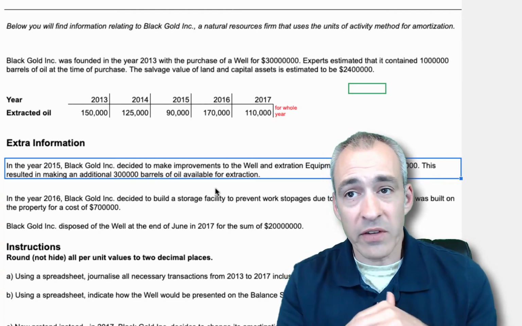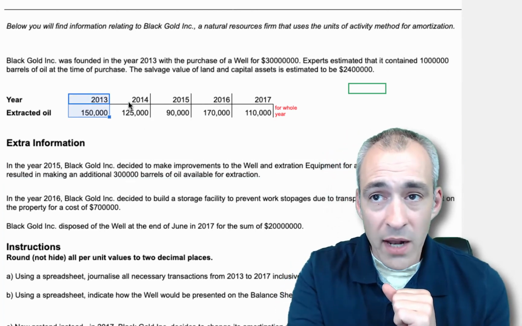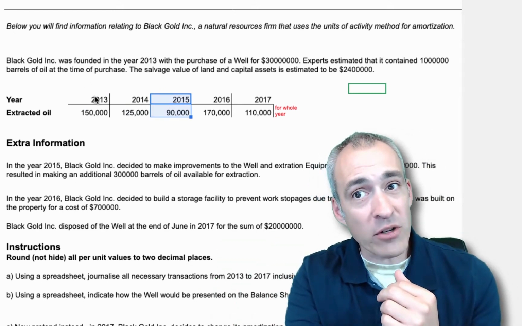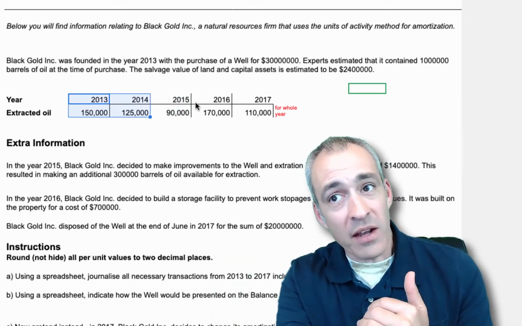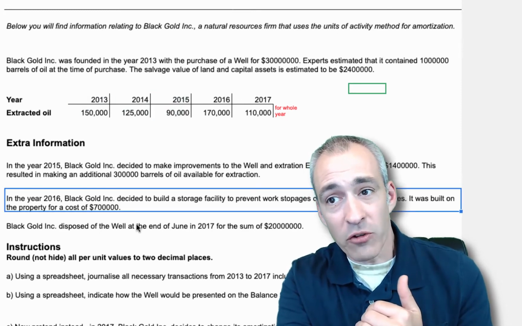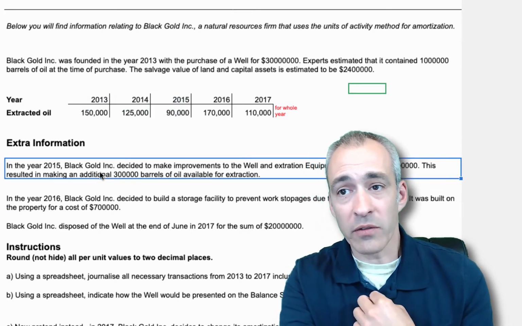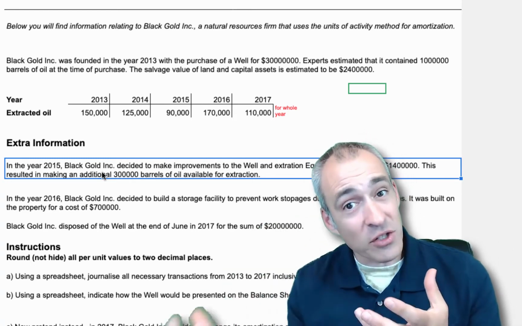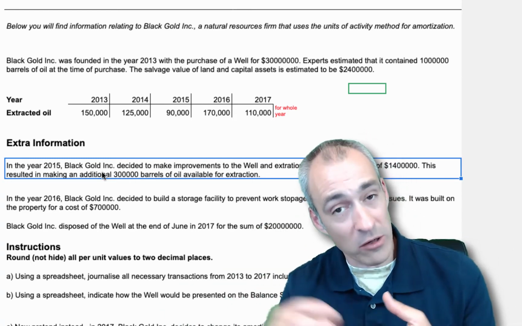So in the year 2015, it makes improvements. So you have a couple years before that, then you have improvements in this year, which means you will have already amortized 2 years' worth. Then in 2015, you're making an improvement, right? It adds additional barrels of oil, makes 3 million barrels of oil more accessible.